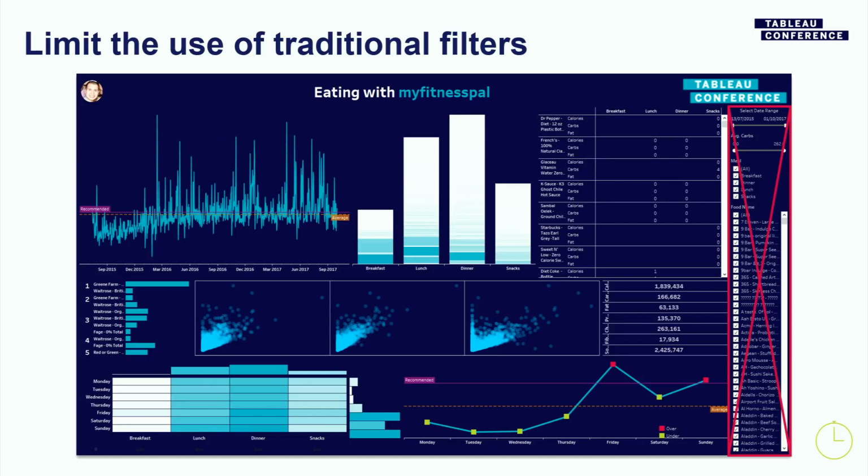For every filter that exists on a dashboard, Tableau is going to have to run an additional query to both filter the data that comes into the dashboard, but also to provide the whole list of options that will exist within that filter, as well as decide how that filter will be formatted. Also, it takes up white space. So consider using filter actions instead of traditional filters.